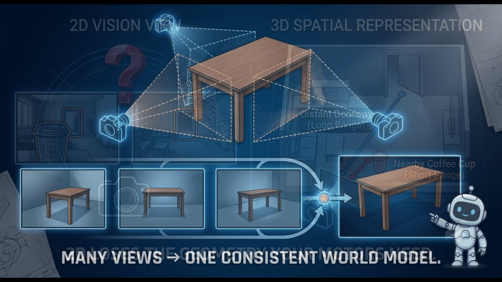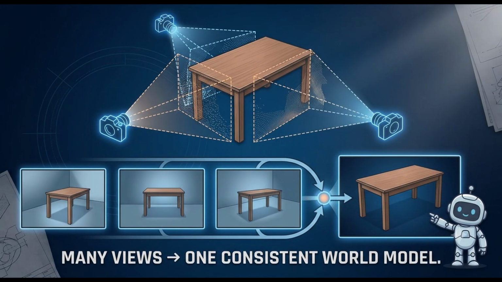2 objects that are far apart in depth can sit right next to each other in a photo. And a robot that only sees the photo will happily try to walk through a wall that looks small because it's far away. There's a second reason, and it's about consistency over time. As the agent moves, its camera sees the same table from many angles.